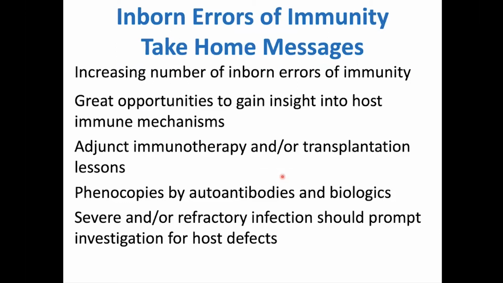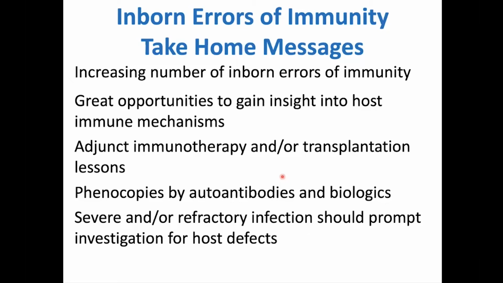So ending here, we have an increasing number of inborn errors of immunity, many of which are associated with fungal disease. These provide great opportunities to gain insight into host immune mechanisms, as well as give us lessons about adjunct immunotherapy and/or transplantation, many of which these diseases really require: intense immunotherapy, antibiotic therapy, and/or transplantation to control the fungus.